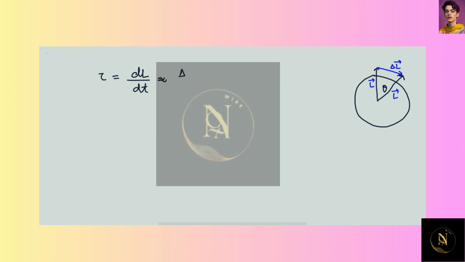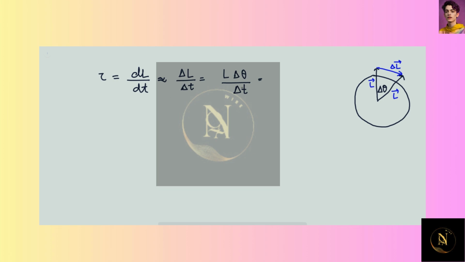So here let's take the approximation of dL to be delta L over delta t, and delta L over here is L times delta theta over delta t. And delta theta is basically theta now, the change in angle. But okay, let's just keep it delta theta over delta t because this looks nice.